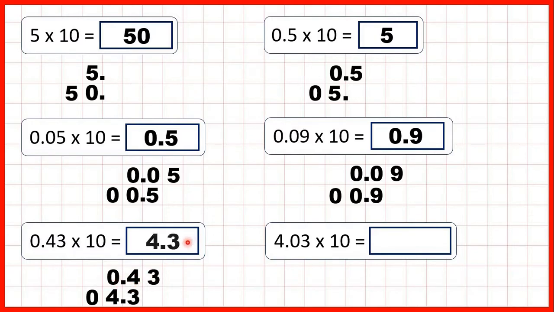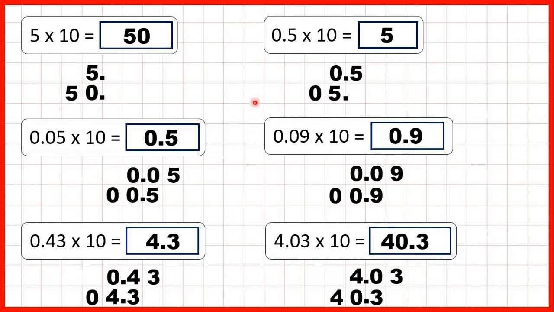That gives us 4.3. So finally, we have 4.03, and again, to multiply by 10, copy down the decimal point, and move the digits one square across. That gives us 40.3. And it's really important that we include this 0 because it's in the middle of our number. If we didn't write this 0, the 4 would still be in our ones column, but we need to show that that's moved to the tens.